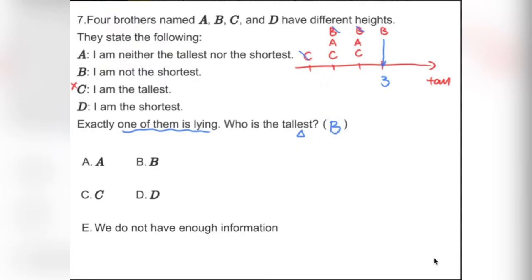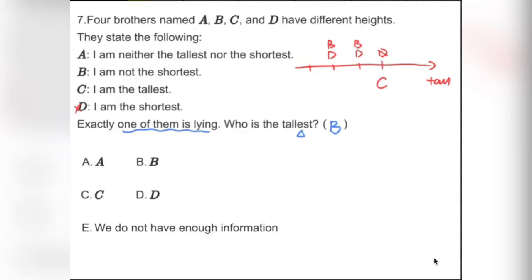And also here, let me show you, how come D cannot be the liar? Okay, let's have a look. D said, I am the shortest, but if D is the liar, then D is not the shortest, which means D, I can only put it like this. Then C says, I'm the tallest. Okay, now we can confirm C. B said, I'm not the shortest. So here, B can only be in the middle.